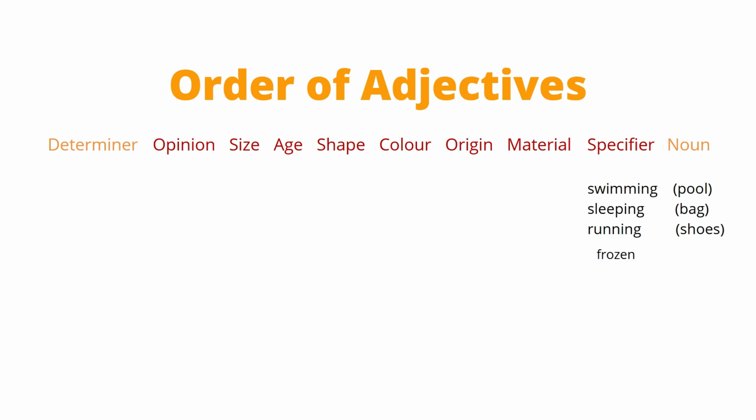It can also be a past participle in words like frozen food, homemade cakes. Again, they're very much part of a compound. And included here, I've put things like school bus, football boots. Of course, these are not really adjectives.